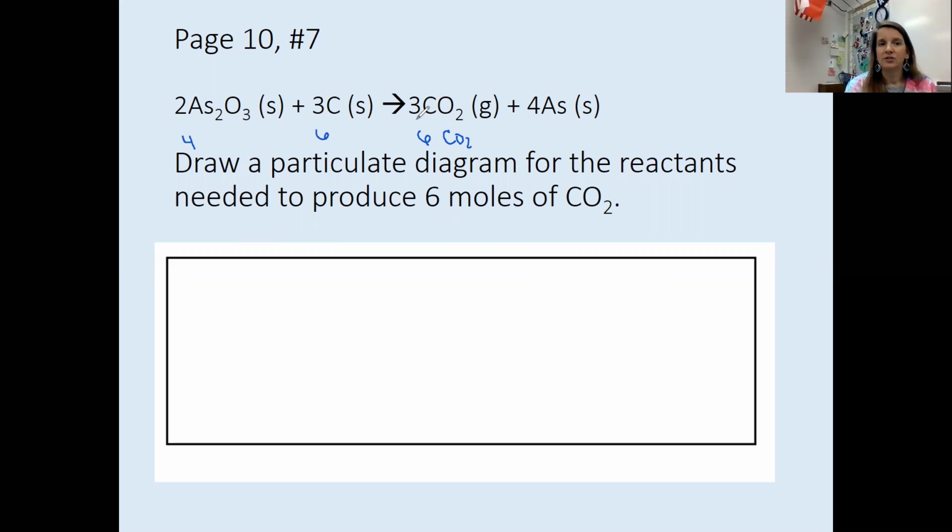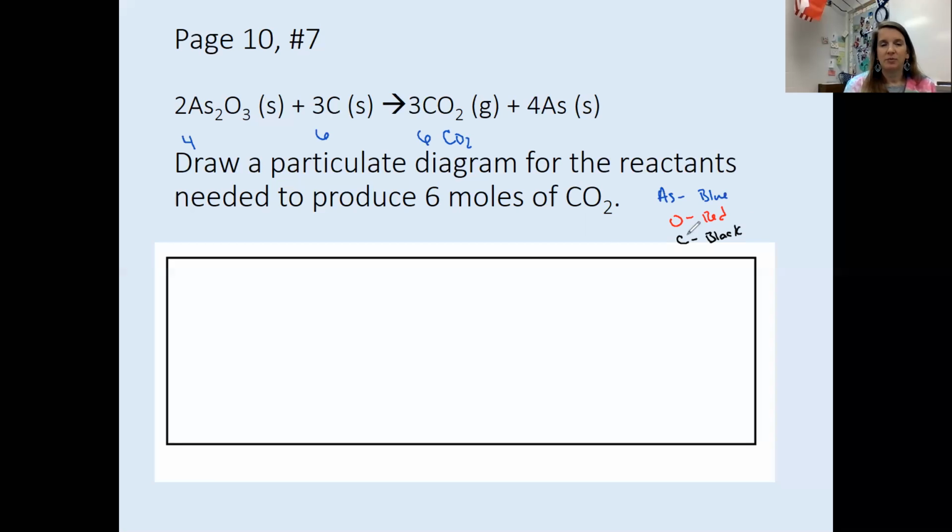Okay. So here, I got to make a key, of course. So I will make the arsenic blue. I'm going to make the oxygen red. And I'm going to make the carbon black, like charcoal.